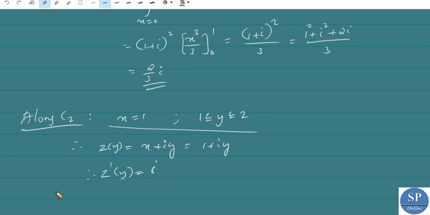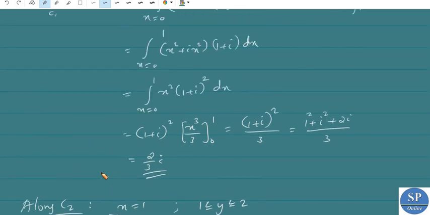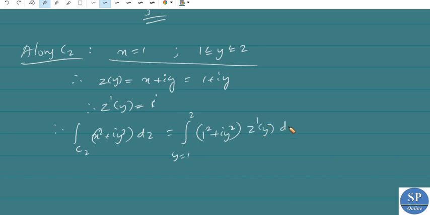Therefore our integral over c2 of f of z dz, where f of z is nothing but x square plus i y square, is equal to the integral for y varying from 1 to 2 of x square, so x is actually 1 here, so 1 square plus i y square into z dash of y, which is i, dy.